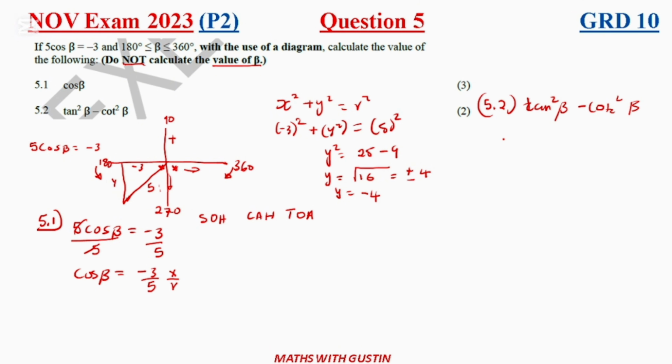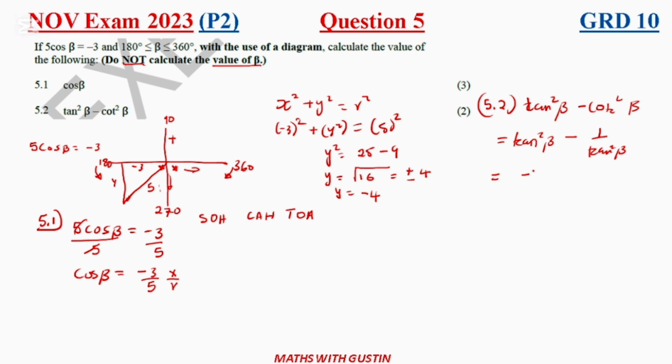So this is what you would do in this case. Tan squared, we already know what it is, minus 1 over tan squared beta. Tan is given by opposite over adjacent, so everything here needs to be squared. What is opposite here?